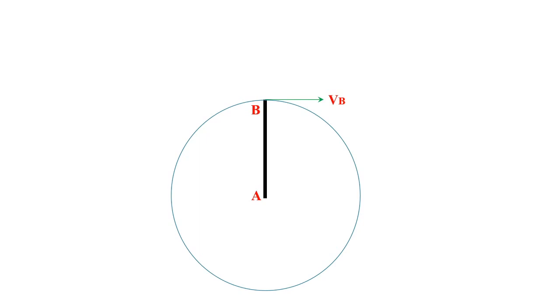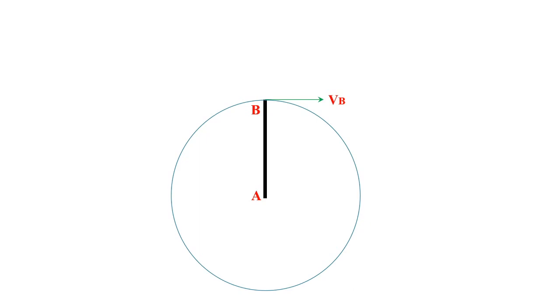In this case I am ignoring A because it is a fixed point, so the velocity of B is the absolute velocity. That's why we can simply say VB, meaning velocity of B with reference to a fixed point, or absolute velocity.